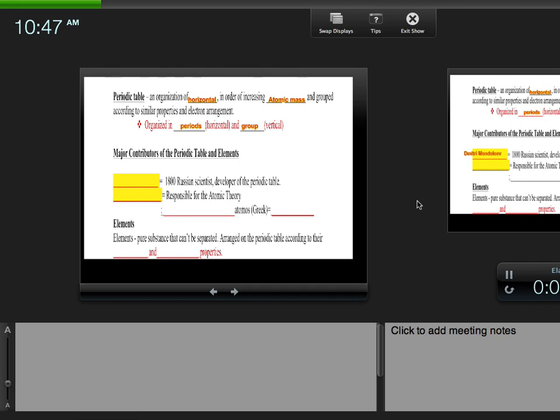Your families go up and down, and that's your vertical. It's going up and down. That's also known as a group. Underneath, you might want to write families as well. Because your groups are your families, your periods are your rows. You'll hear them referred to as periods, you'll hear them referred to as rows, and you'll hear the part that's going vertical referred to as families or groups.